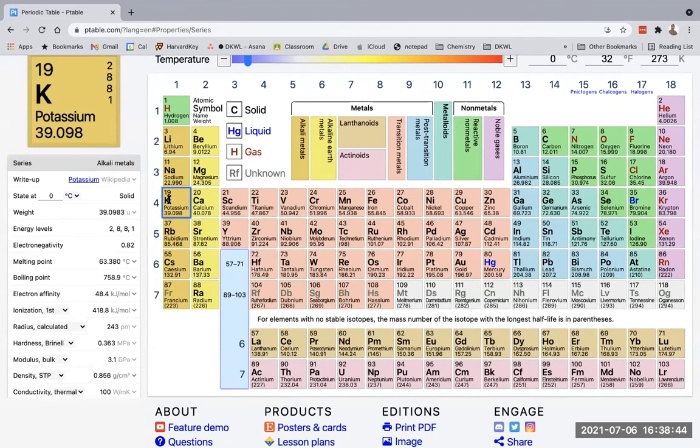Look at potassium, 0.856, much less than 1, which means it will also float. Rubidium, 1.53. This will actually sink. But in O levels or IGCSE, we focus on sodium and potassium. So if you put these on water, they will float. So when they react, they float on water.